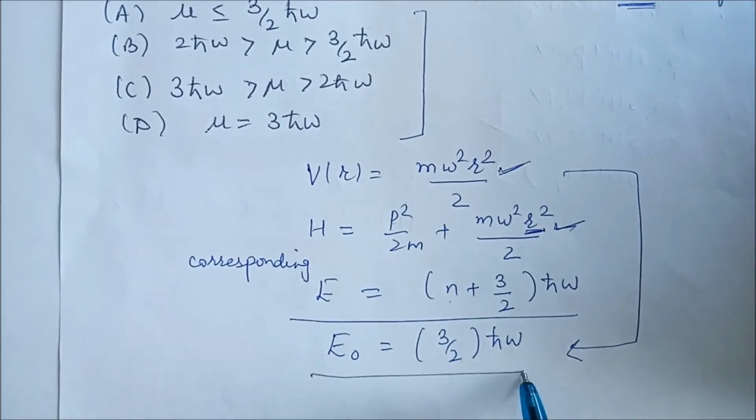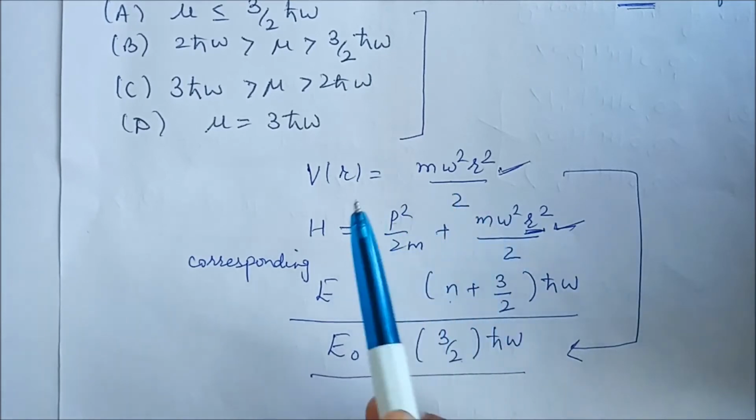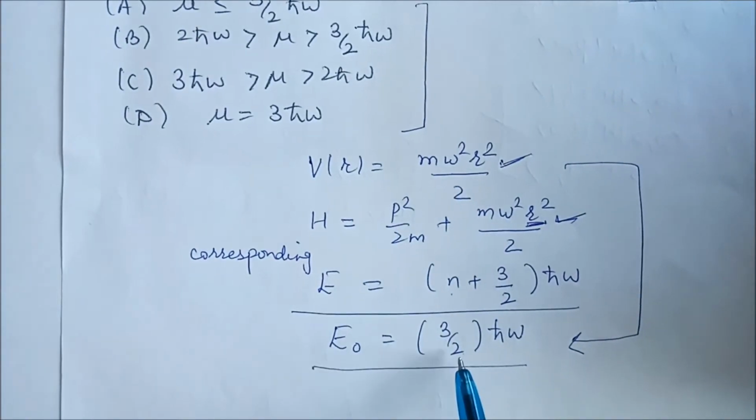So this is the ground state energy of the three-dimensional harmonic oscillator with this type of isotropic potential. Now we have to check the relation between mu and this energy.